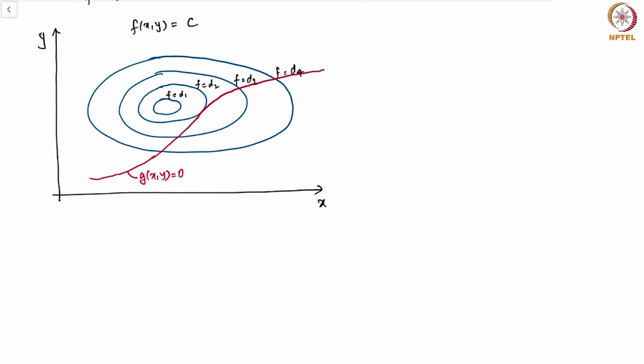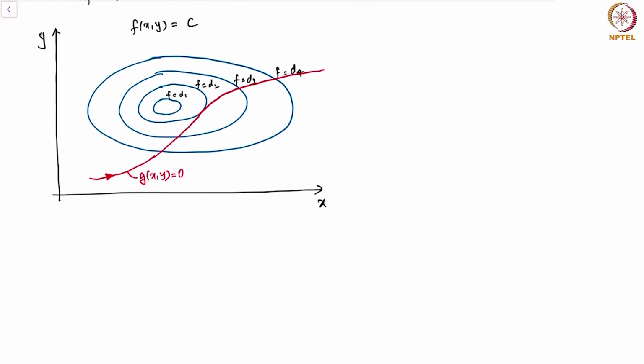So what's the basic idea of determining the extremum, the maximum or minimum? The idea is as follows. I want to take a walk along this constraint. As I walk along this constraint, the first thing I want to make sure is that I satisfy f of x comma y equal to c, and those are given by these contours.